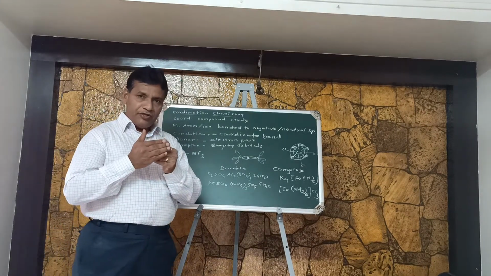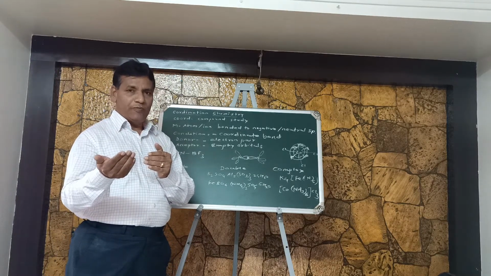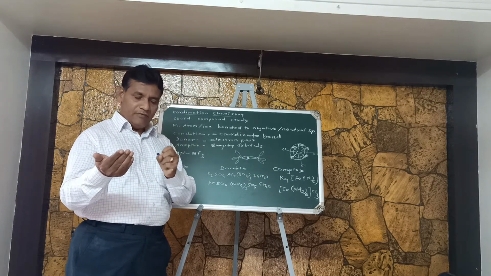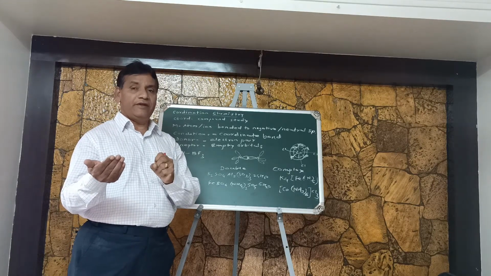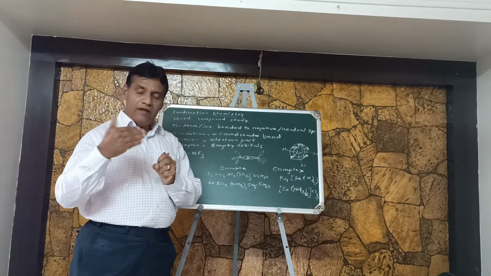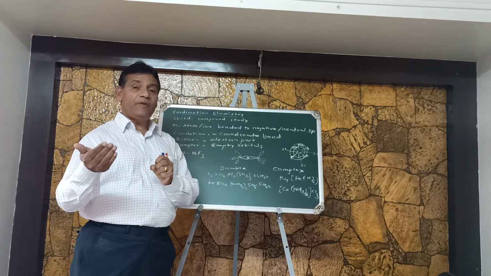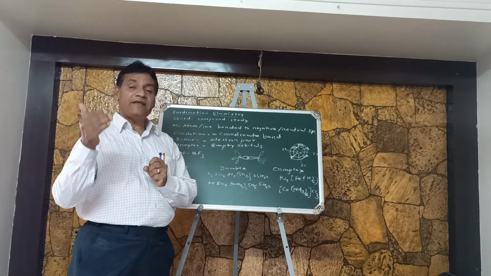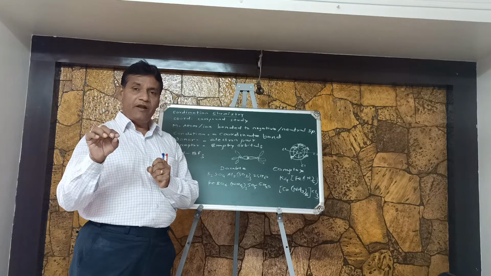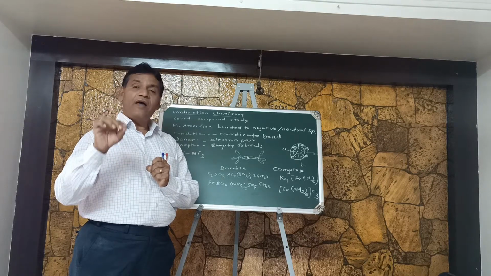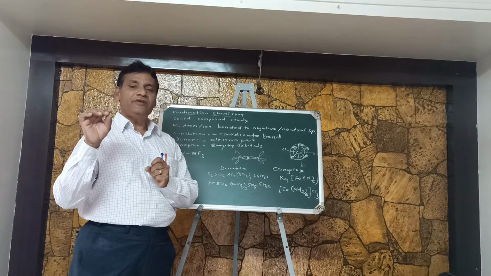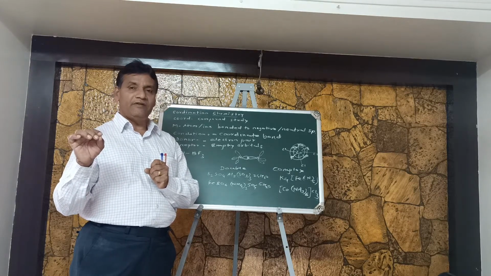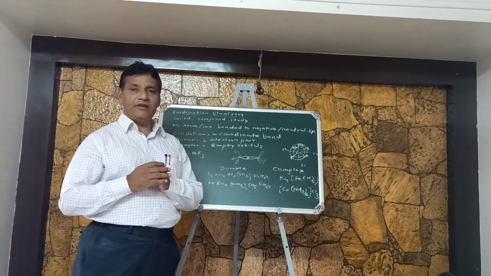One atom must give an electron pair for bond formation. That atom which is giving the electron pair is called the donor atom, and the atom to which this electron pair is donated is called the acceptor atom, and that acceptor atom must contain an empty orbital in its valence shell.